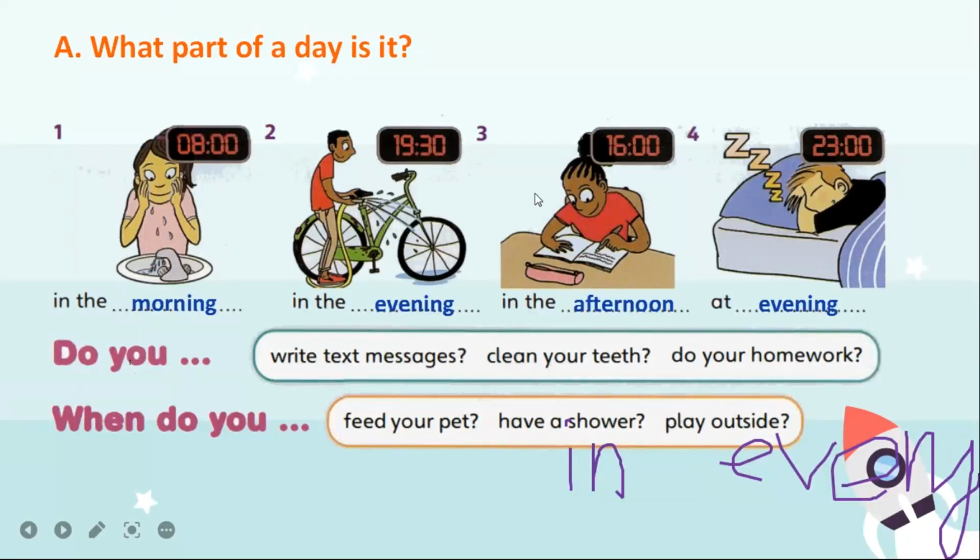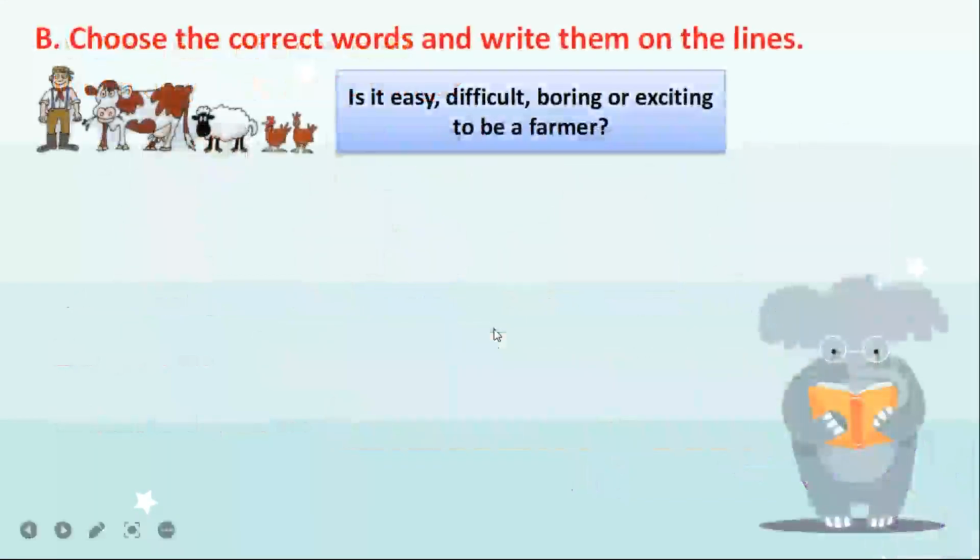Okay, in the evening. How about play outside? When do you play outside? I play outside every morning. Very good. Okay, so now, Kim, I want you to choose the correct words and write them.